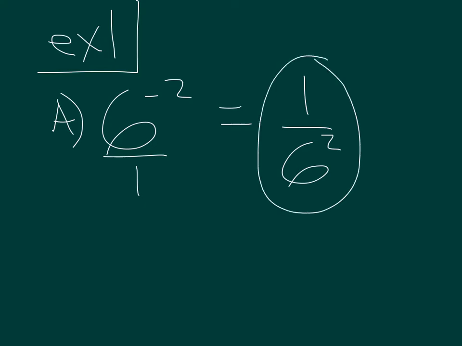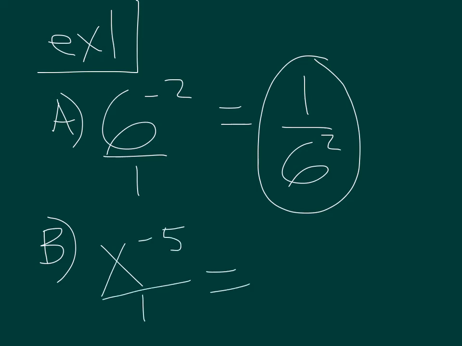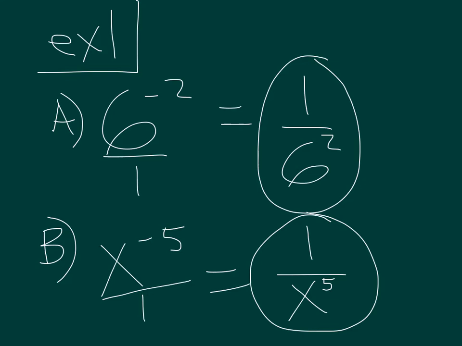And then letter B says x to the negative 5th. So again, put that over 1, flip it to the other side, and make the exponent positive. So that works both ways. Even when the exponent is negative on the bottom, you can still flip that around.